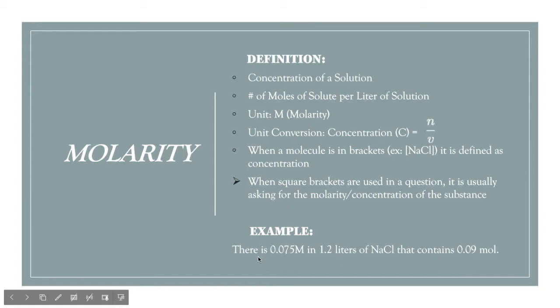Here we have an example of molarity, and it says there is 0.075 molarity in 1.2 liters of NaCl that contains 0.09 moles.